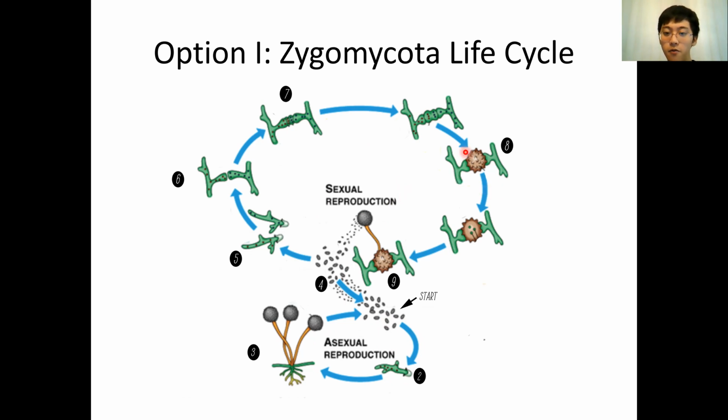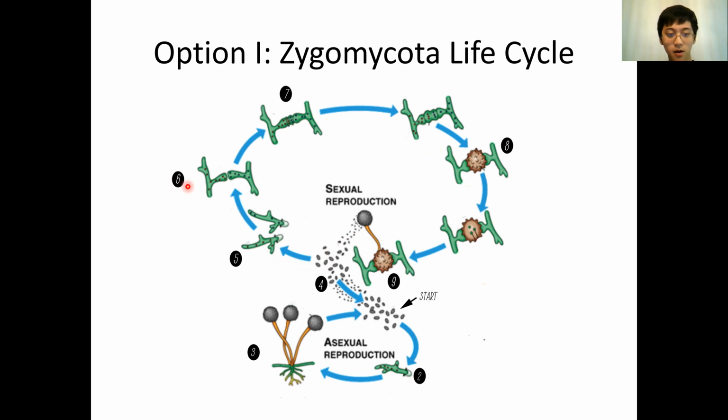That's because it forms a zygosporangium at the end, which helps protect it and stay dormant until favorable conditions present themselves. So in this sexual reproductive cycle, the spores form the hyphae, which get together and form mycelia.